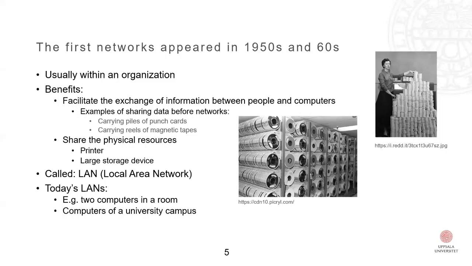So examples of a LAN can be simply 2 computers in a room, or it can be bigger, for example the computers of a university campus, which can have hundreds or even thousands of computers.